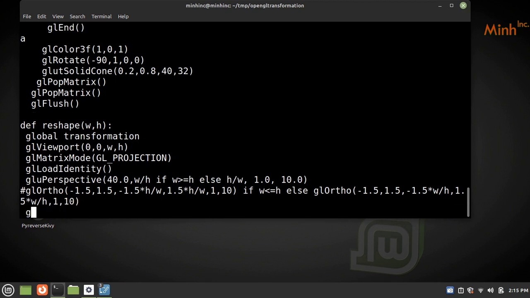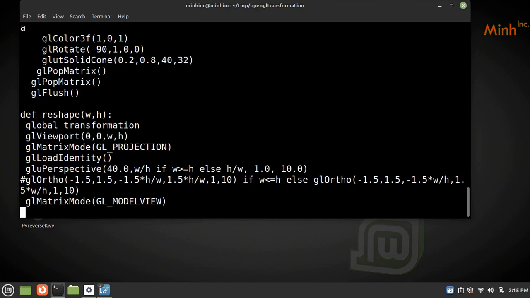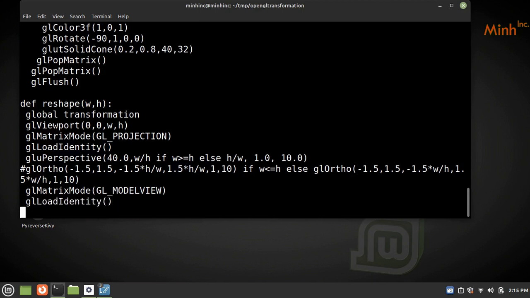Okay, so we have glMatrixMode, GL_MODELVIEW, glLoadIdentity. Okay, so if we reshape, at that time we can have transformation equal to, it is up to me if I like to reinitialize everything here for x in shapes. I can comment it also.